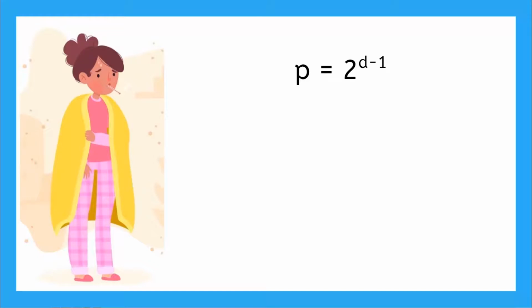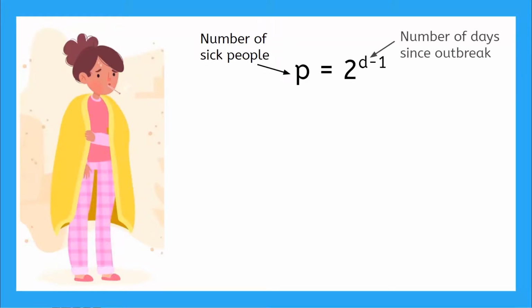In this equation, P is the number of people who get sick, and D is the number of days that have passed since the very first person got sick, which we call the outbreak.